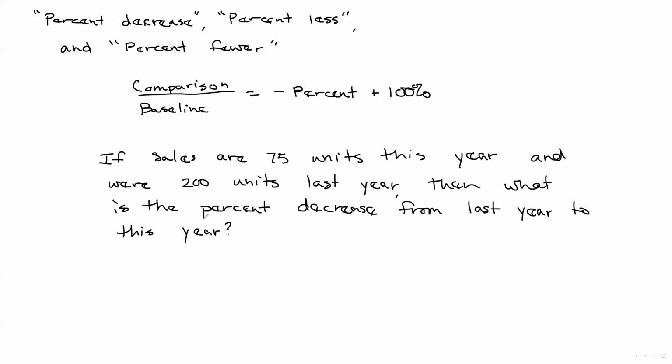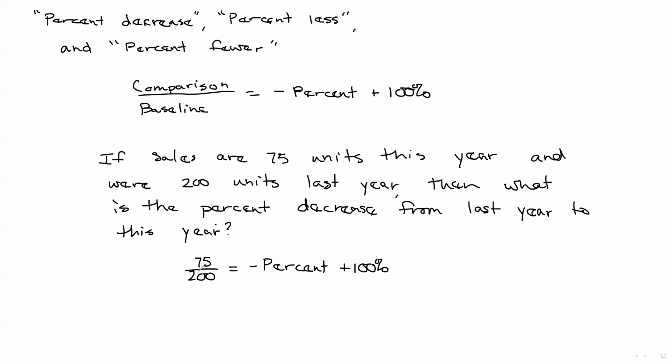We're comparing to last year, so last year is the baseline, and we have 200 in the denominator. The thing we're comparing is the 75. We want a negative percent plus 100%, and we're trying to figure out what that negative percent is.